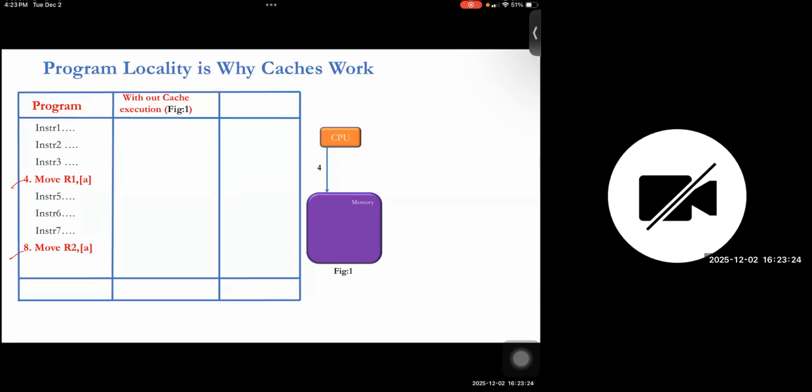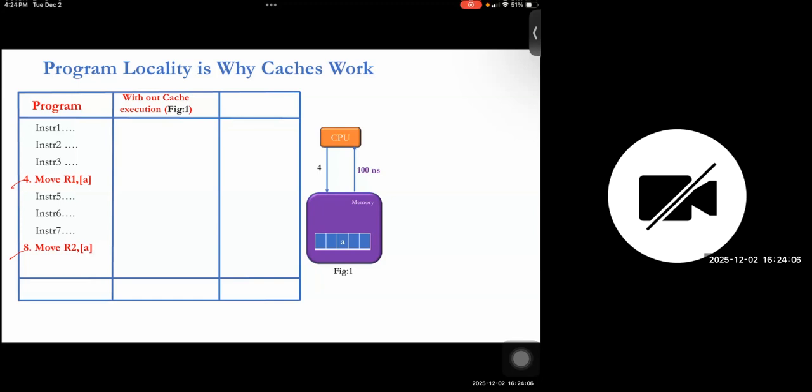Location 4 means it is the 4th block in the memory. It searches in the memory and finds this block of memory. Then the value A is fetched and loaded into the register, where the register is inside the CPU.